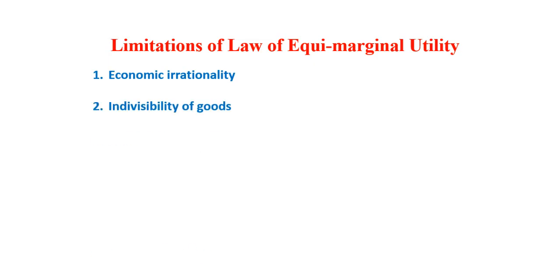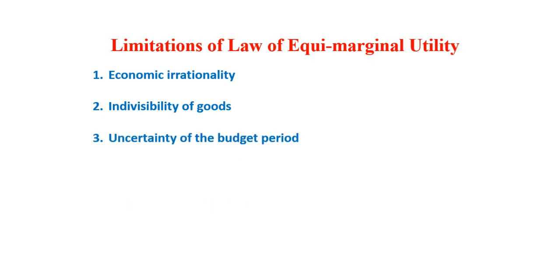Next limitation is indivisibility of goods. The equimarginal principle can work out fully only if the resources are divisible and the goods bought with these resources are divisible into very small units. If the goods are large and individual, then the process of equalization of marginal utilities would be rendered almost impossible.